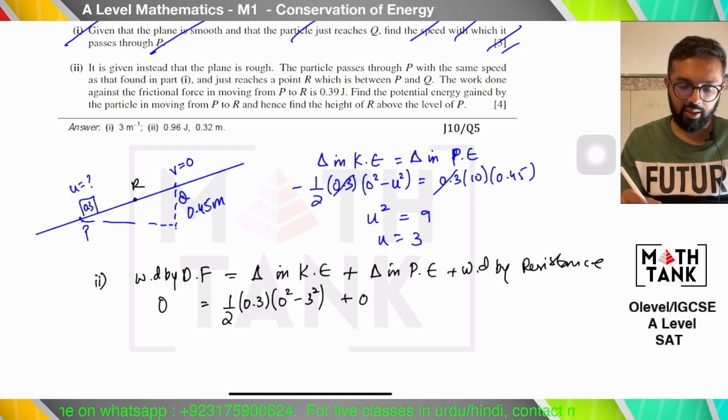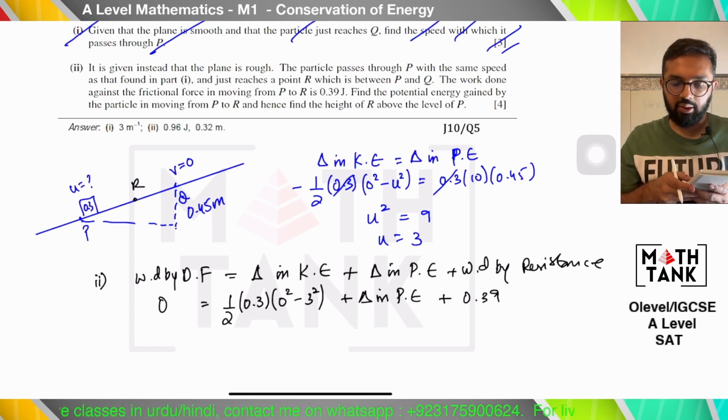Change in PE is mgh. First I want to find the change in potential energy. Work done by resistance is 0.39.